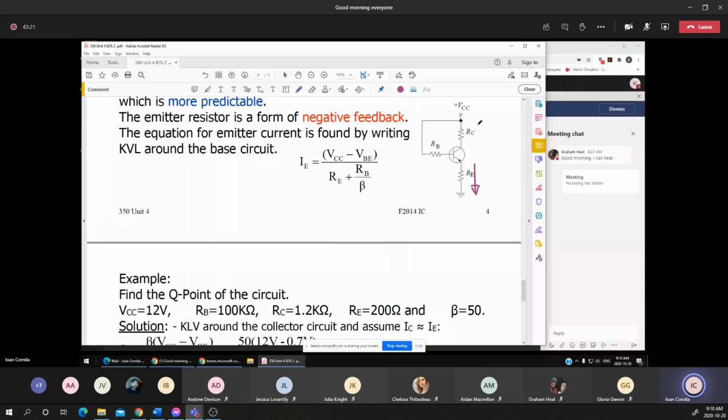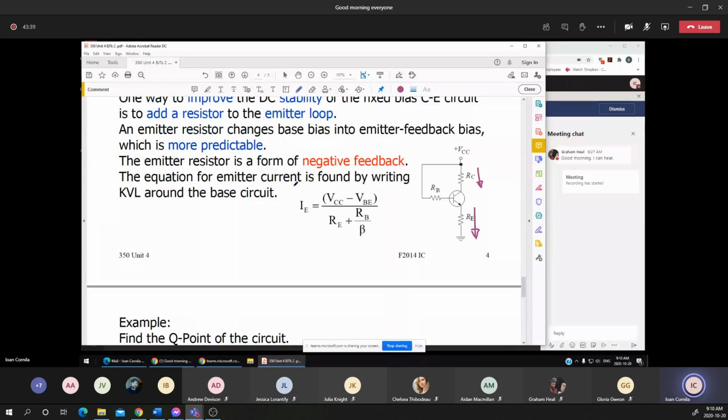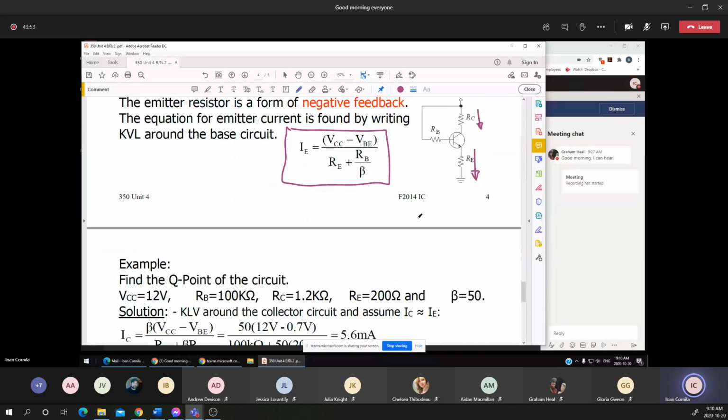And once we know the IE, we can go back and find the IB. Now the relationship, and that's the equation that will be given for this circuit only, and pay attention to that. This equation can be applied only for this circuit with a resistor connected to the emitter of the transistor.